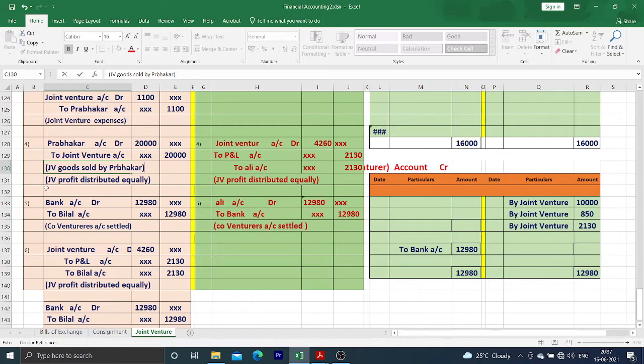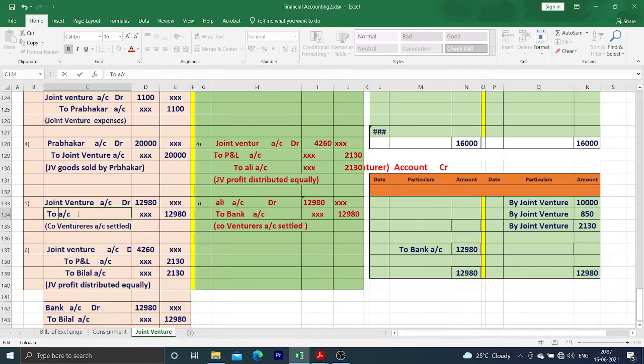Now one more entry for commission. Joint venture account debit to Prabhakar account. You please learn the journal entries by heart. If journal entries are in your mind, then what I am passing you can easily understand.